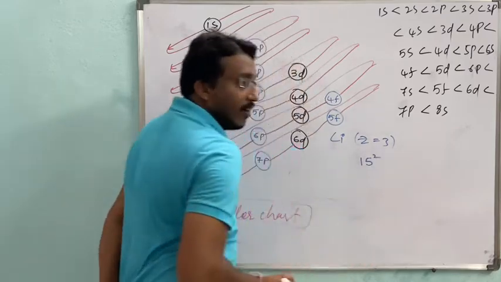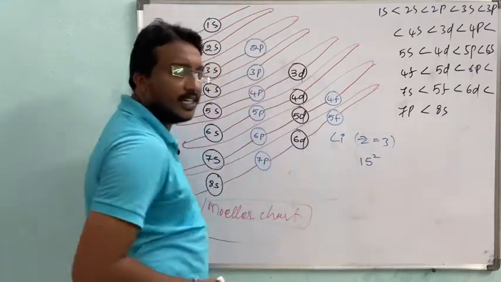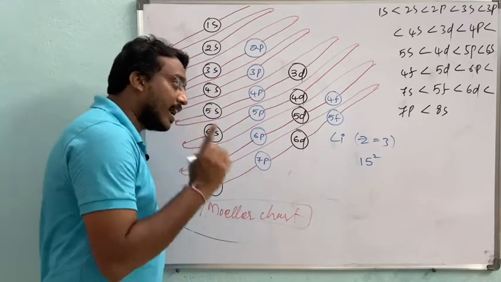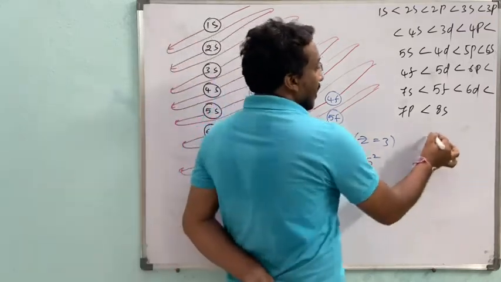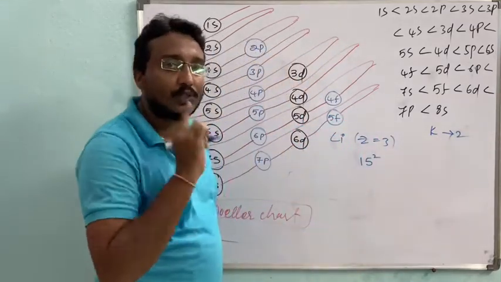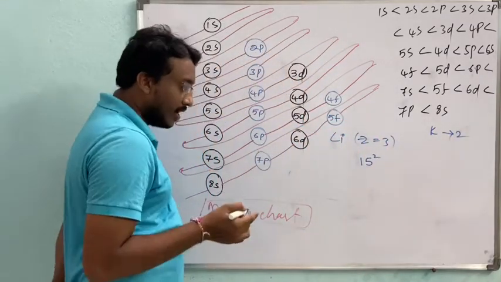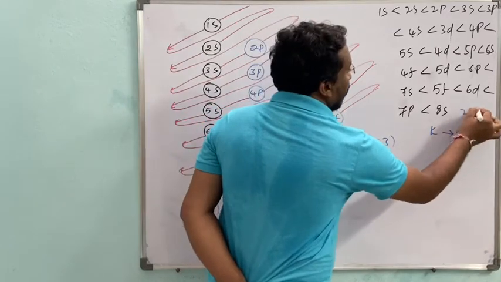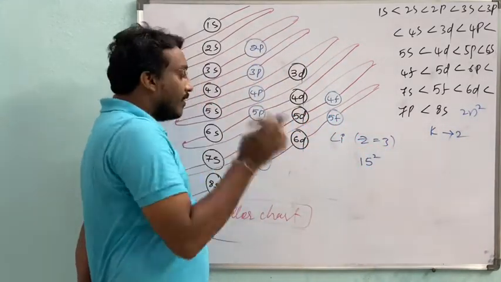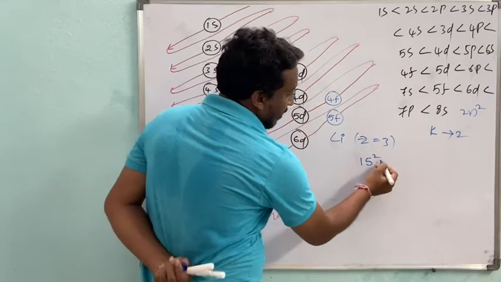Can we fill one more in 1s? No. By the principle, in the K shell we can fill only a maximum of 2 electrons, right? We have done this by using the 2n square principle. Got it?